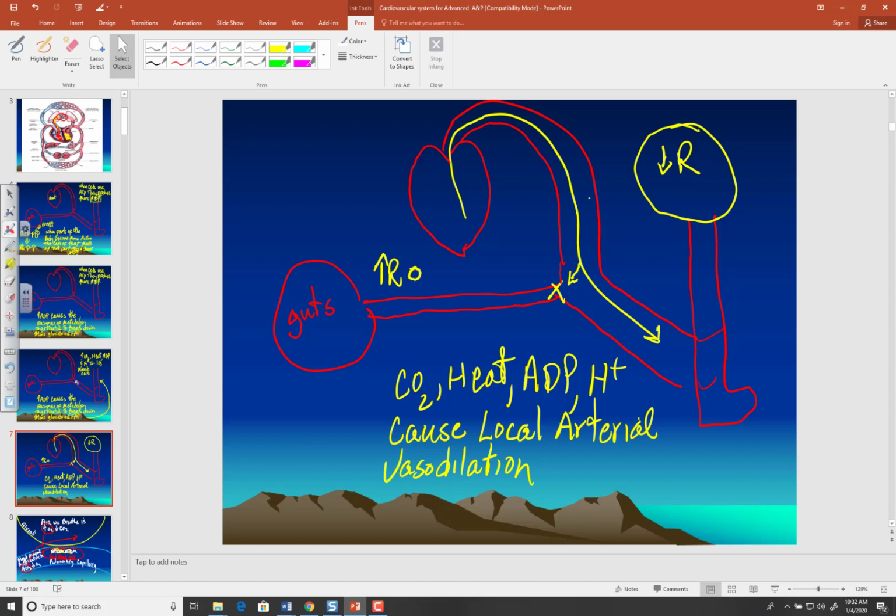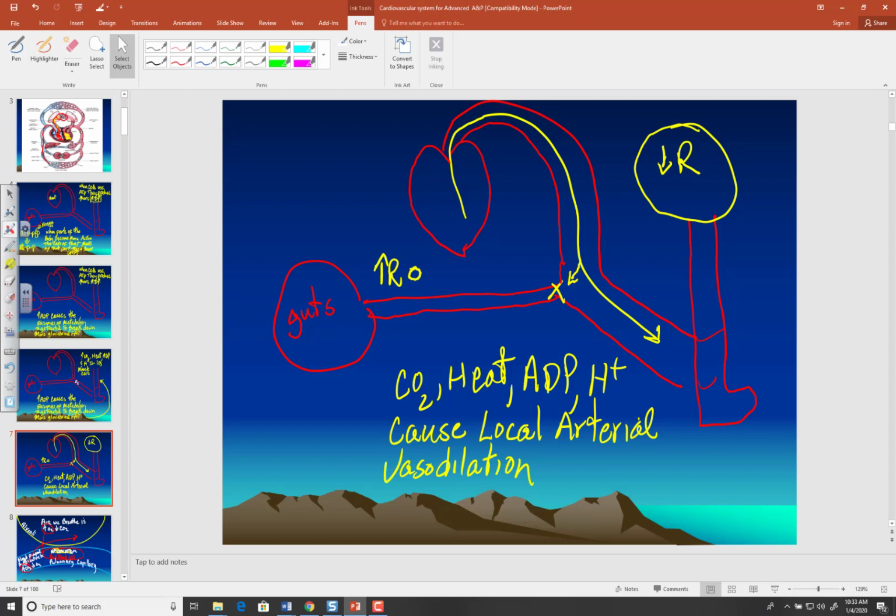So the arteries that are supplying the legs, they're dilated, so it's easier for blood to flow through them. It has less resistance. Parts of the body that are less metabolically active, like your guts, because they're not metabolically active, they're not going to produce the byproducts of metabolism.